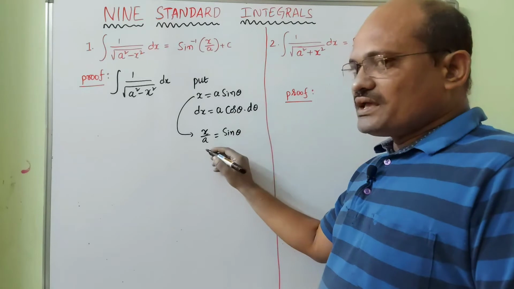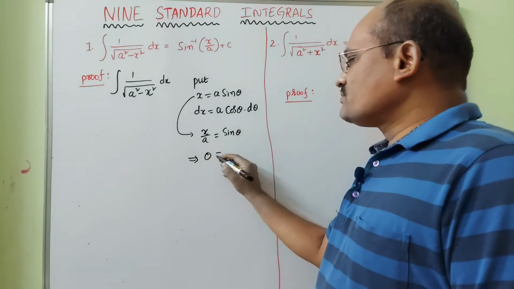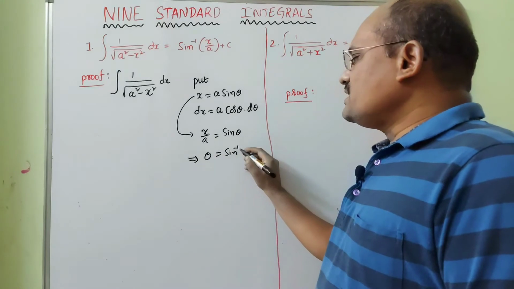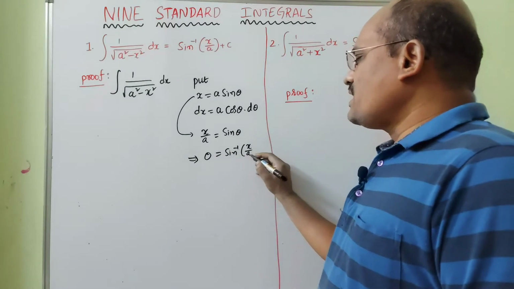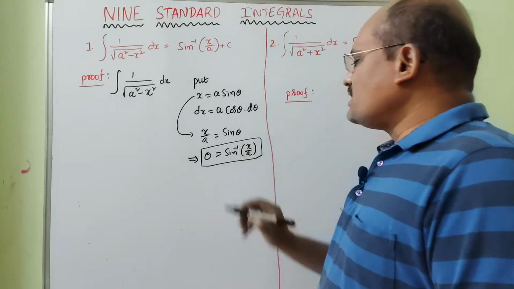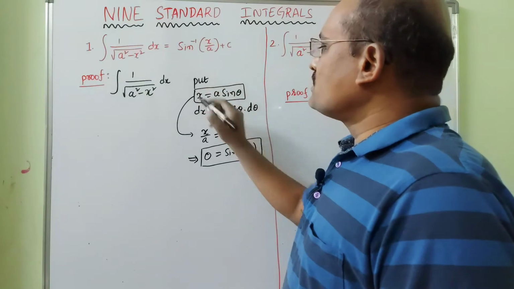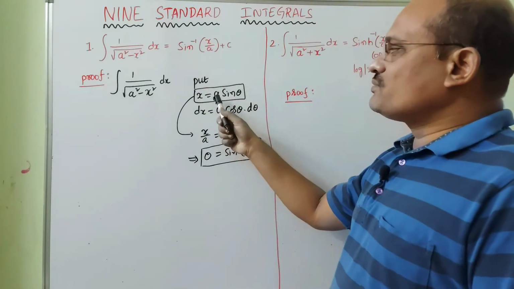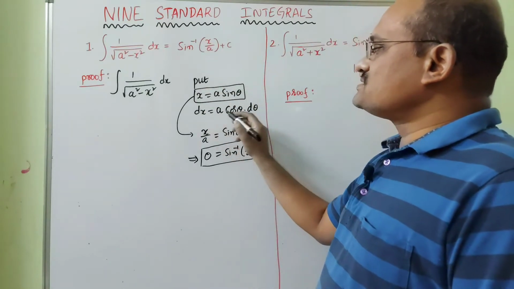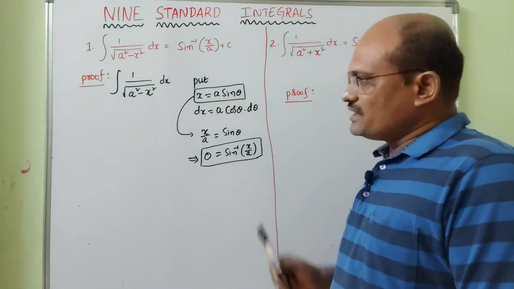Sin theta is x by a, then theta can be written as sin inverse of x by a. Now remember this, we will write at the end of the problem. So what we are doing, we are substituting x equal to a sin theta, dx is equal to a cos theta d theta, theta equal to sin inverse x by a at the ending.